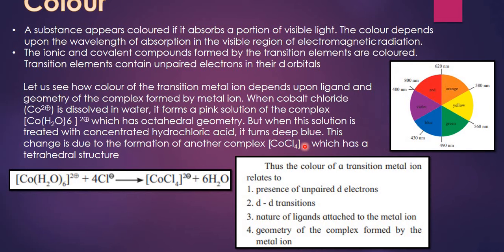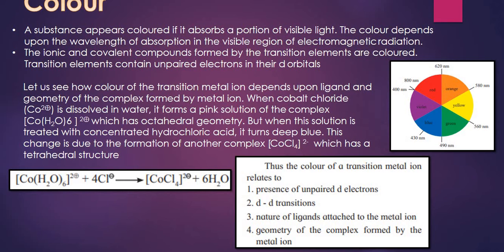So we can say here the color of transition metal ion refers to the presence of unpaired d electrons, dd transition, nature of ligand attached to metal ion, geometry of complex formed by the metal ion. These are the four factors which will give you the idea of color of transition metal ion for the particular metal.